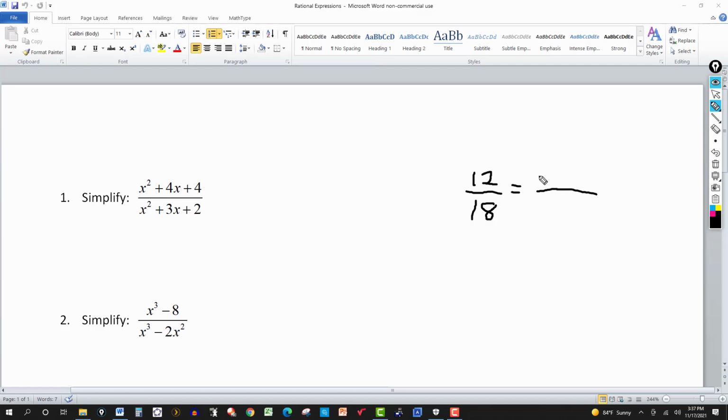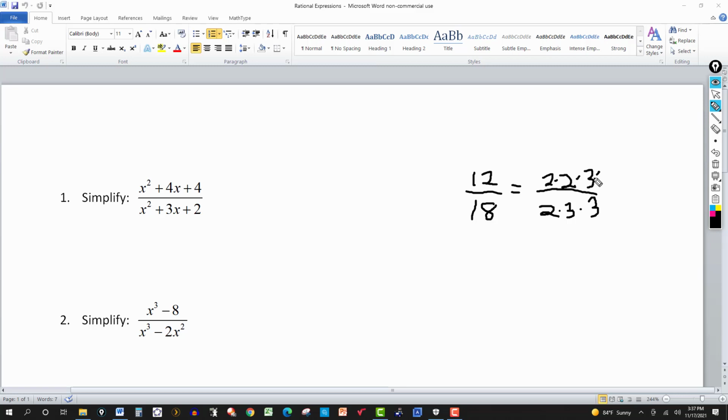Numerical fractions. So here I can say this one is a good factor, and say that 2 times 2 times 3. 2 times 2 is 4, times 3 is 12. And in the bottom, I can write this as 2 times 3 times 3. That's 9 times 2 is 18.